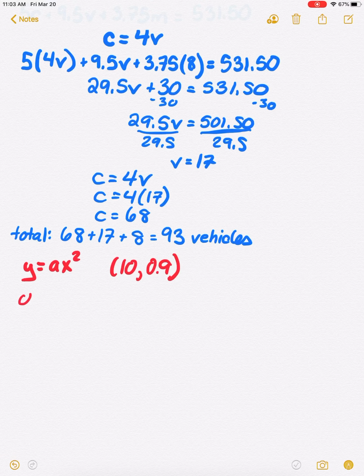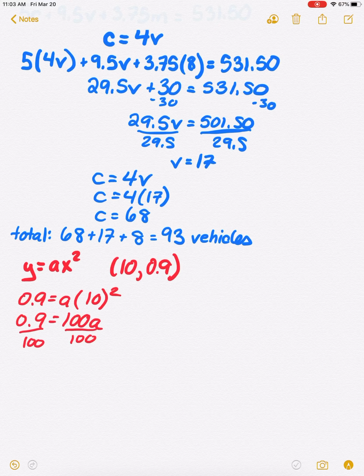So 0.9 is equal to a times 10 squared. 0.9 is 100a. If we divide by 100, we get that a is 0.009. So the equation that we're dealing with is y equals 0.009x squared.